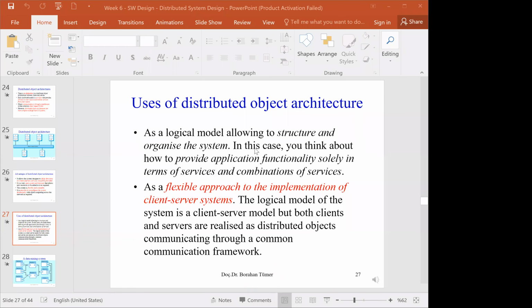So you can use distributed object architectures to simulate client and server architecture, because each object you can use either as a server or as a client. In general, as I said, each object is capable of both providing and requesting services.